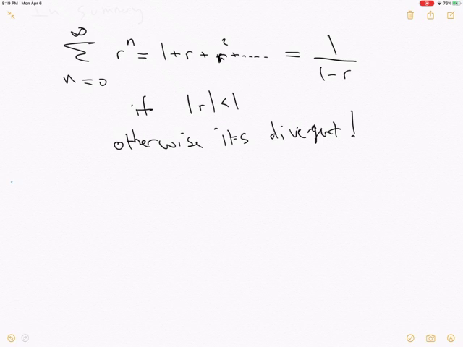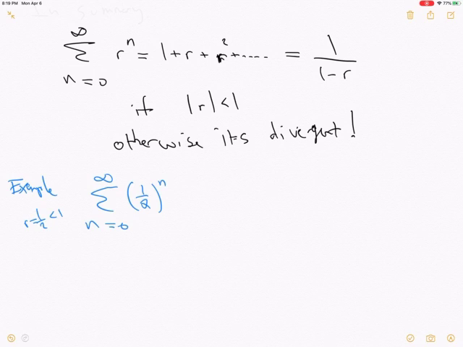So just as a simple example, if we wanted to do the summation, n goes from 0 to infinity of 1/2 to the nth power. So here r is a half. So it's in the correct range. It's already positive, and it's less than 1, so that's great.